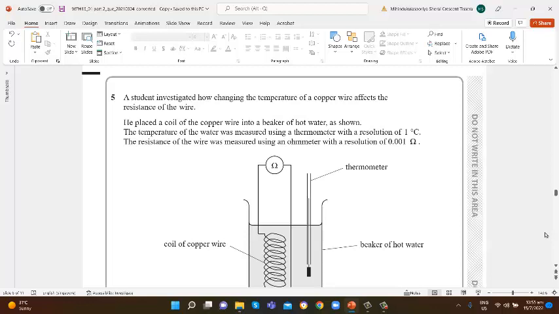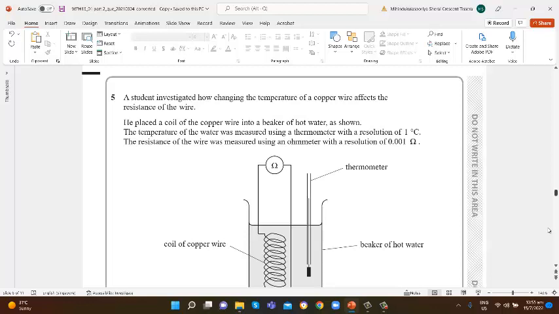Now we will move on to question number 5. A student investigated how changing the temperature of a copper wire affects the resistance of the wire. He placed a coil of the copper wire into a beaker of hot water as shown.